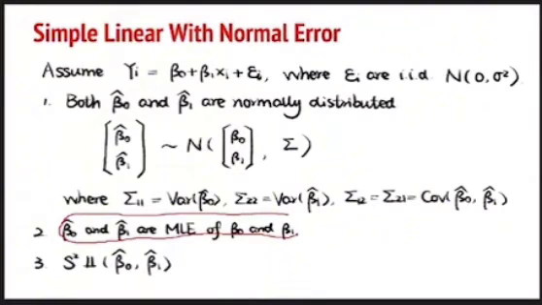I'm going to give you a clue how you can apply the method of maximum likelihood. Then number 3, I'm also going to show you how the sample variance is independent of these two. Sample variance being independent of these two actually means I can estimate sample variance on its own.